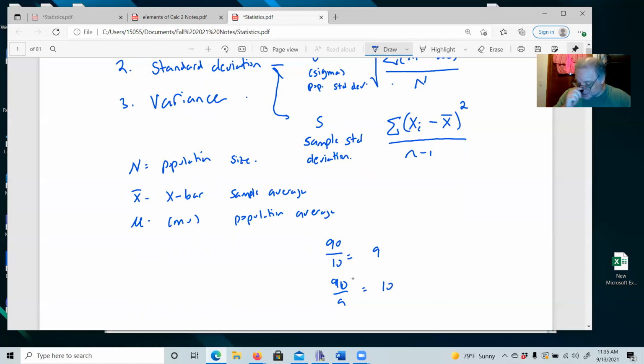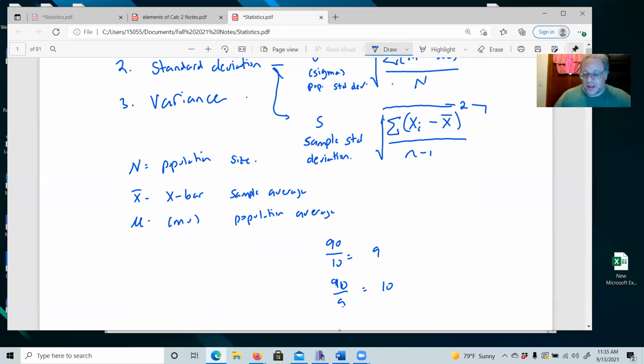So if I divide by something a little bit smaller, it makes the number that we end up with a little bigger. It has to do with not having a biased value here. And then again, we're going to take the square root of this whole thing.